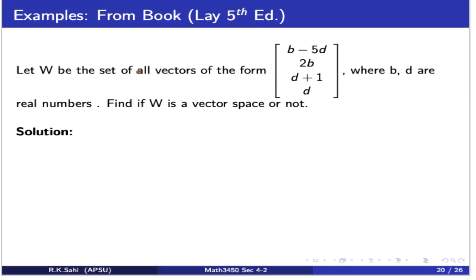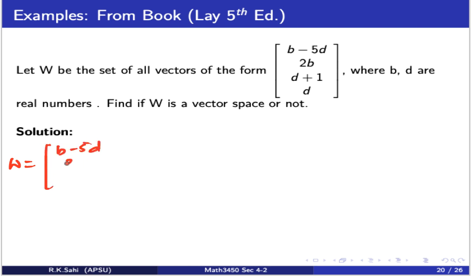It says if W is the set of all vectors of the form B minus 5D, 2B, D plus 1 and D, where B and D are real numbers, find if W is a vector space or not. Okay, so let's go ahead and write this W as B minus 5D.